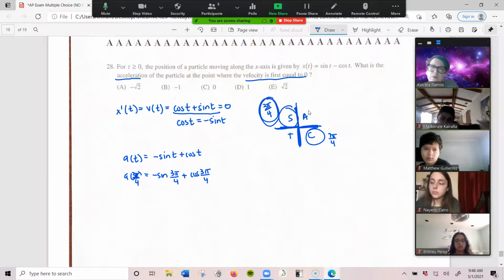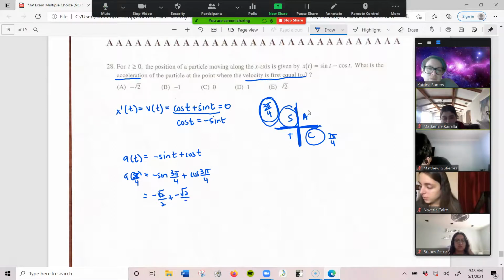So we have to know our values here. For quadrant 2, sine of 3 pi over 4 is going to be positive, but it's the negative on the outside, so this would be negative square root of 2 over 2, plus, and then here cosine in this quadrant is negative, so it'll be minus square root of 2 over 2.